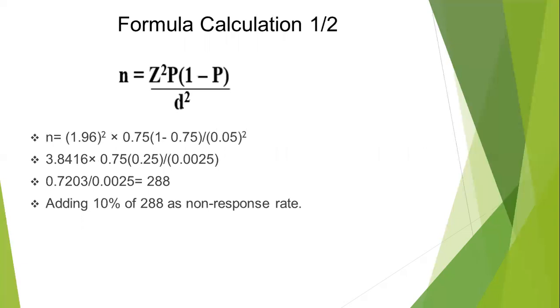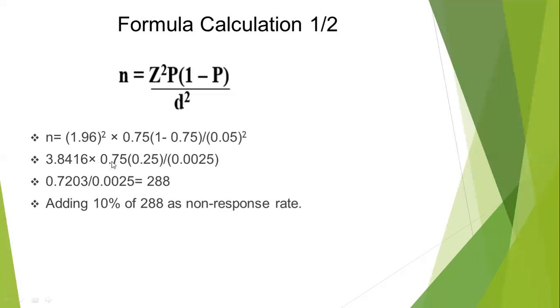So taking the formula into consideration, we'll get n equals 1.96 square multiplied by 0.75, which is the coverage, bracket open 1 minus coverage, divided by margin of error, that is 0.05 square. 1.96 square, which is the confidence interval, will give us 3.8416.